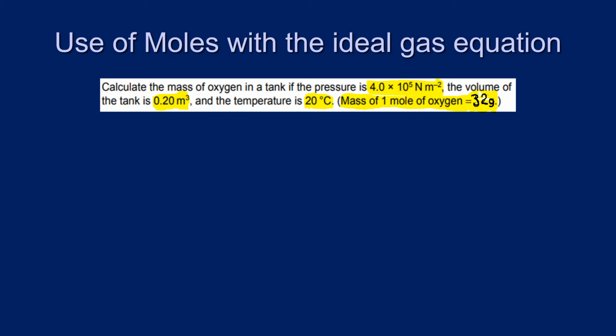Okay, so we've got the ideal gas equation and we want to use it for this particular example. The question is: calculate the mass of oxygen in a tank if the pressure is 4.0 times 10 to the 5 newtons per meter squared, or we can say pascals, the volume is 0.2 meters cubed, and the temperature is 20 degrees C. The mass of 1 mole is given as 32 grams.